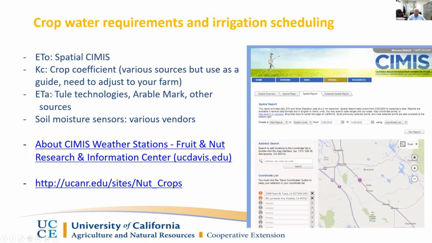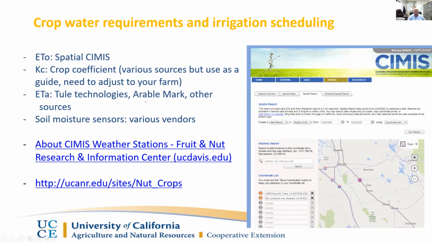There is also the actual crop water use. There are new methods like Tule Technologies, a service available in California. You pay about $1,800 a year, and they provide you with the actual ET at your farm. But typically you need a larger fetch, a bigger area of a few acres.